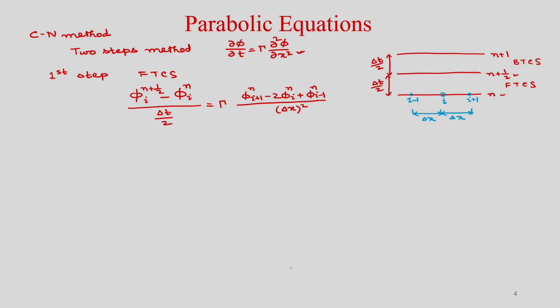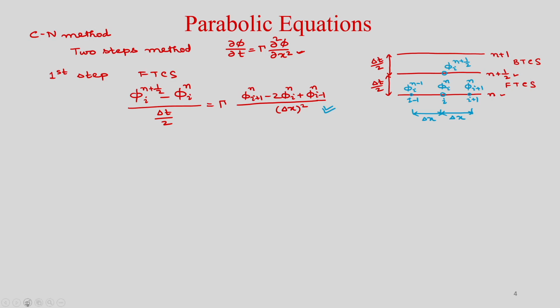So, the values of phi I at n, phi I plus 1 at n, and phi I minus 1 at n you are using, and from there you are calculating the value of phi I at n plus half. So, from this discretization you are finding it.